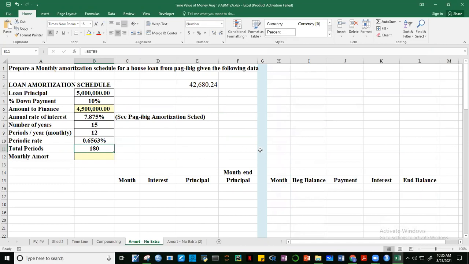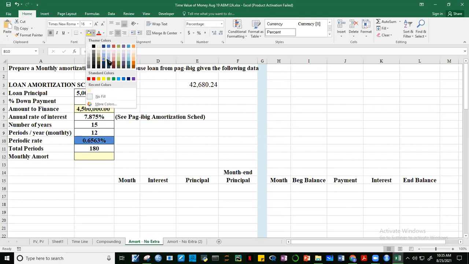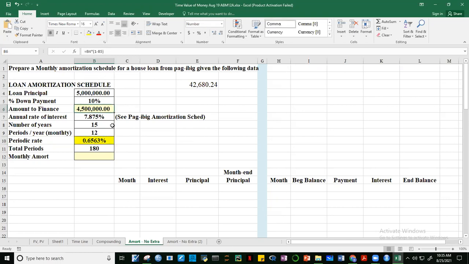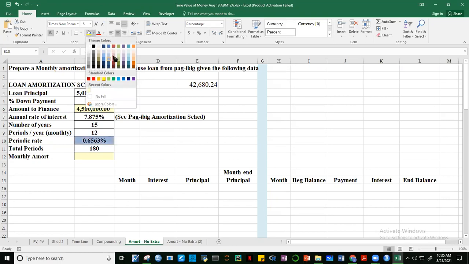Okay, 180. 180 months, no? 15 years times 12, that's 180 months. Ito yung mga values na kakailanganin natin.